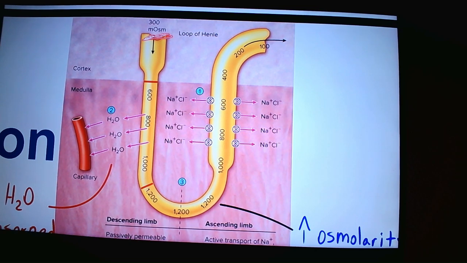This is the same idea that we're doing here, right? Because our osmolarity right here, as it's going in, because this is the filtrate that comes from the glomerulus, it goes straight down. And as it's going down, notice how the osmolarity, right? If something has a higher osmolarity, that means that the concentration is getting stronger and it's going up.